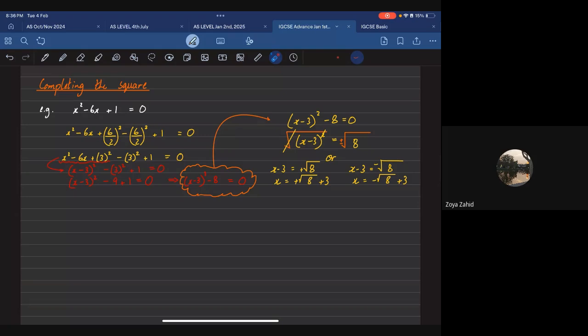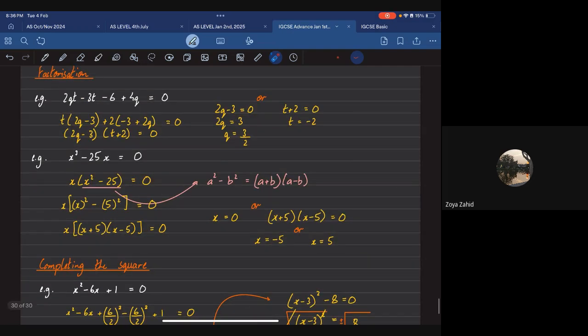Sir, what if both x values are positive? Okay. Like in this example, if both of the x values are positive, I just write both of them as my answer, not only one of them. Yeah, Zoya, obviously common sense. Guys, wait, just give me a moment. I think you guys are thinking that always you're going to have a plus value and a negative. No, that's not the case.